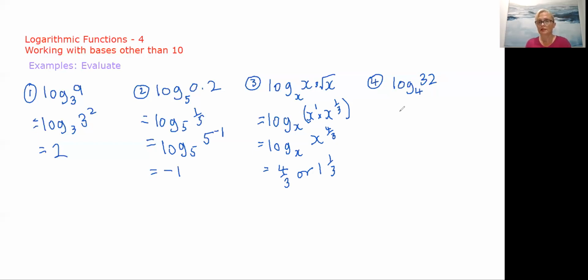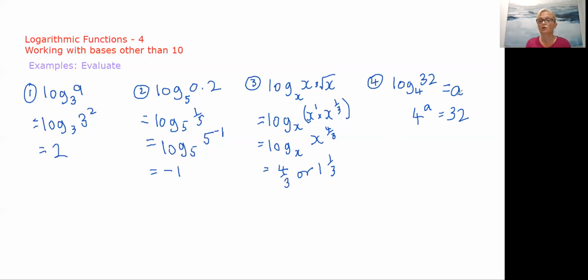What I would do until I've taught you the change of base rule is to say, well, let that be A, and we'll go about it in the normal index situation that we would have done before in our index topic, when we would have been solving that 4 to the A is 32.